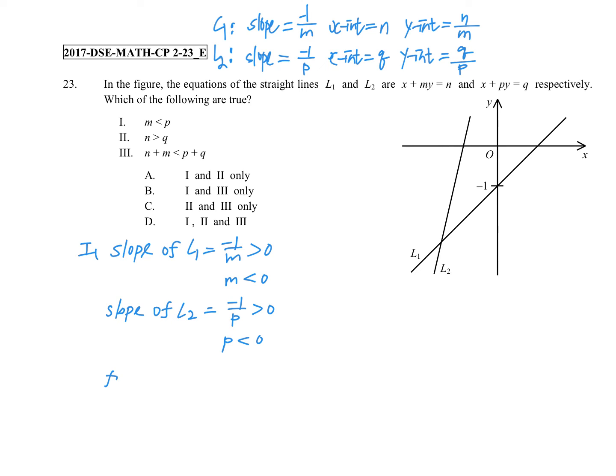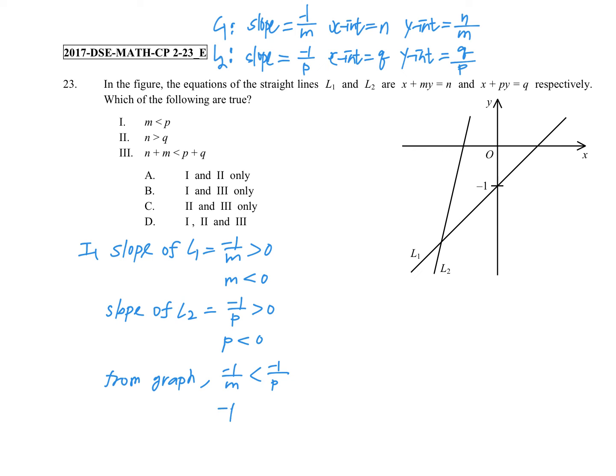And then from the graph you can see that L1 is not as steep as L2, so that's why -1/m is less than -1/p. And then we can multiply both sides by pm.